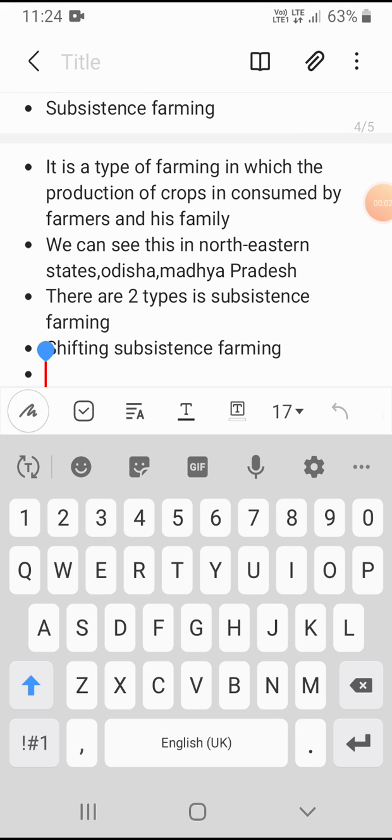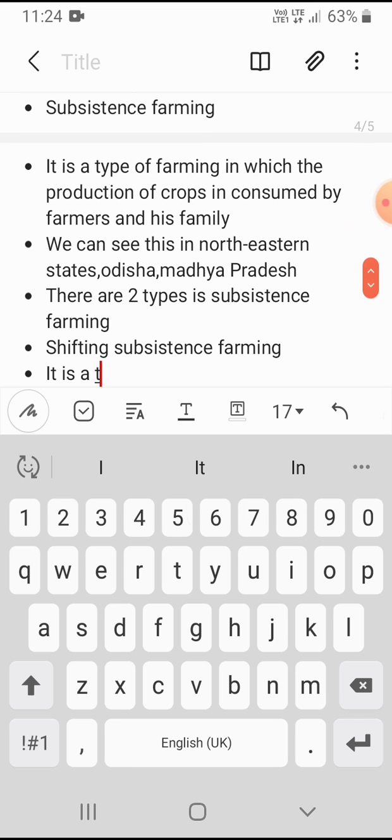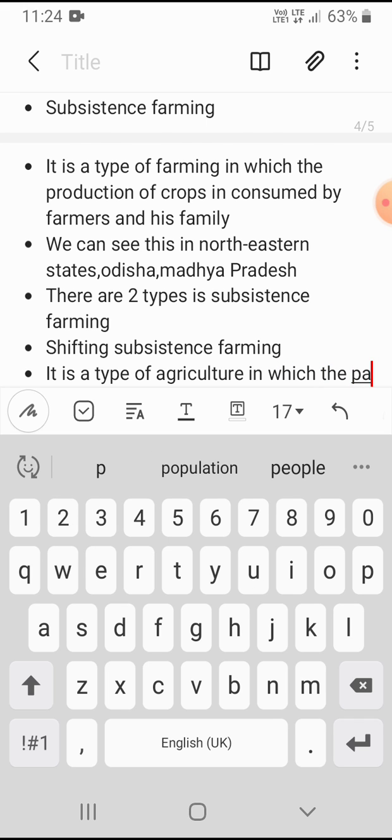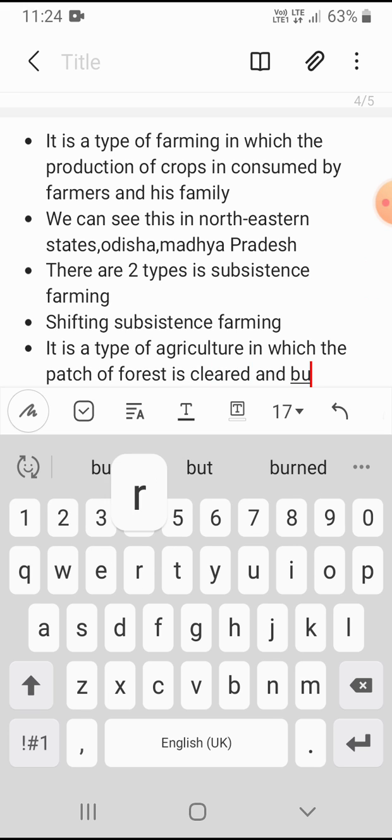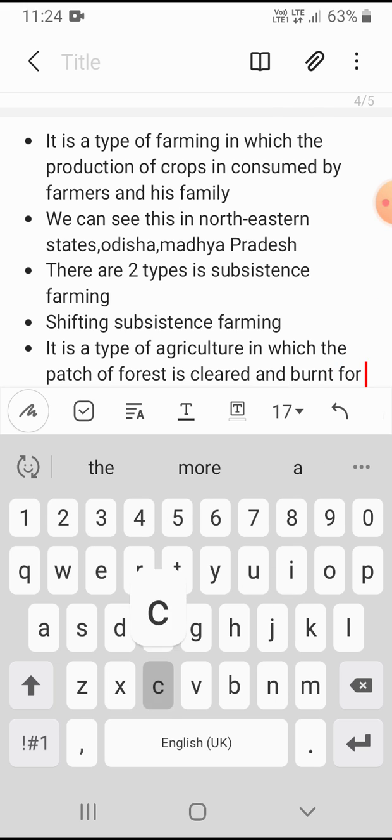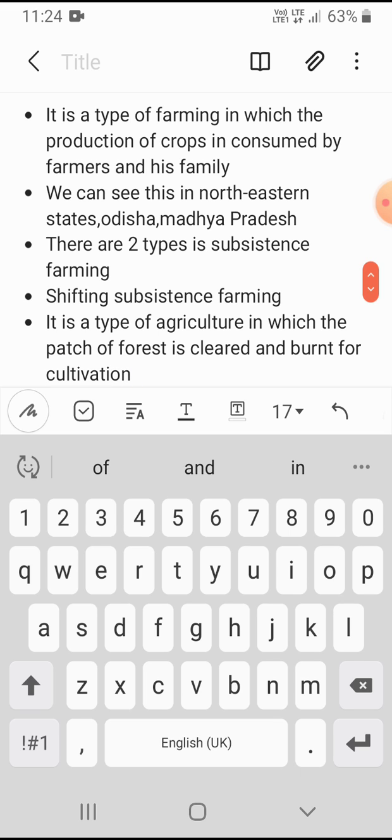It is a type of agriculture in which a patch of forest is cleared. So if the forest is cleared and burnt for cultivation, that type of cultivation is called shifting cultivation.